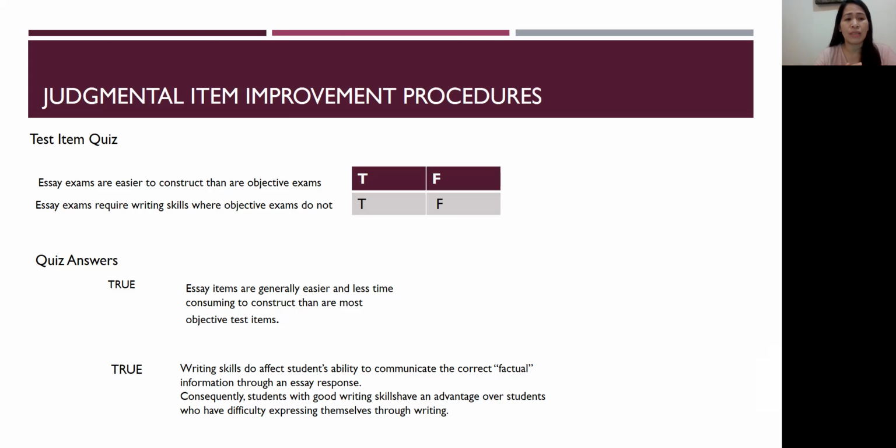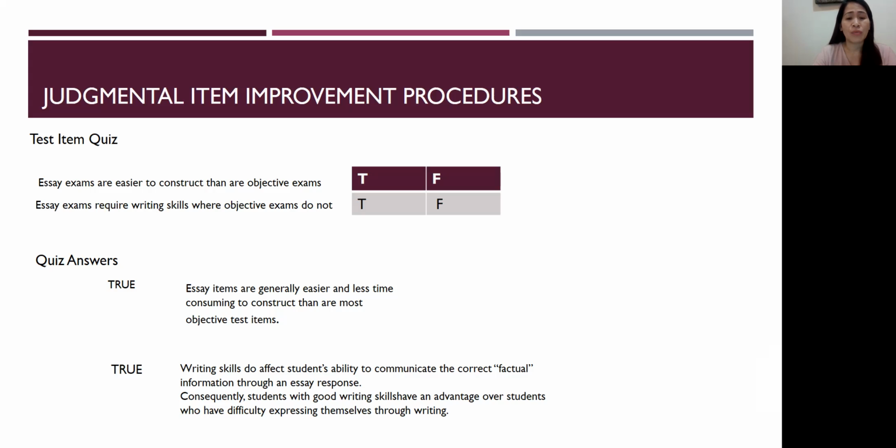For example, in question number 1, the answer is true because essay items are generally easier and less time consuming to construct than most objective test items. And in question number 2, the answer also is true because writing skills do affect students' ability to communicate the correct factual information through an essay response.